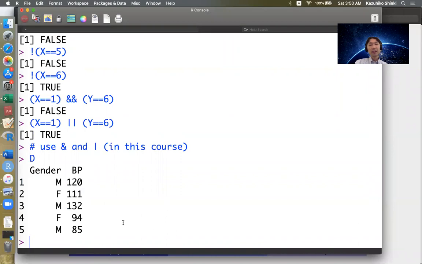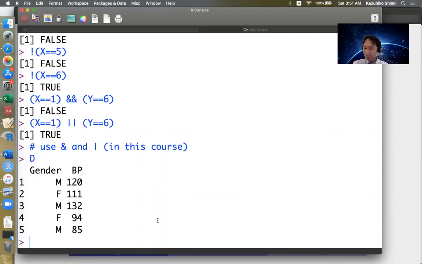Remember that earlier we defined the data frame D. We have 5 patients in the data frame D: 1, 2, 3, 4, 5, 3 male, 2 female, and the blood pressure for all 5 people. We want to confine this data set to female. So we want to define another data frame which consists of the second and fourth rows only.